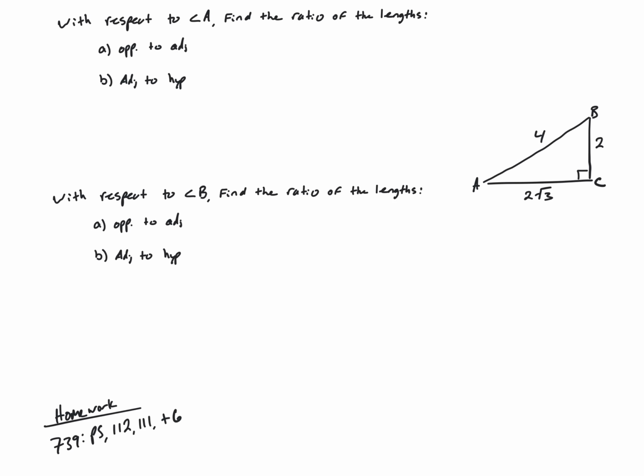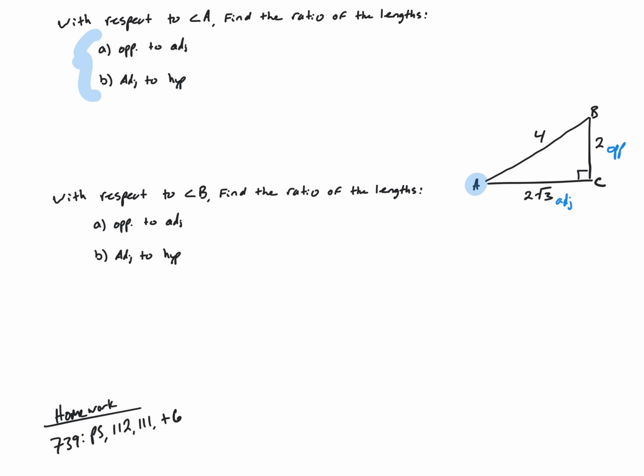Last one, it says with respect to A, find the ratio of the length. So let's start with A here. This is with respect to A. Here's A, so that's going to be for this section. Find the ratio of the lengths of the opposite to the adjacent. So remember, this over here is going to be opposite of A, and this side is going to be adjacent.